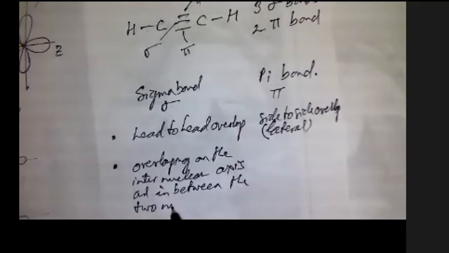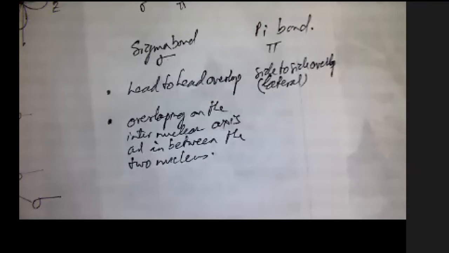This is overlapping on the internuclear axis and in between the two nucleus. Overlapping is on the internuclear axis and in between the two nucleus.